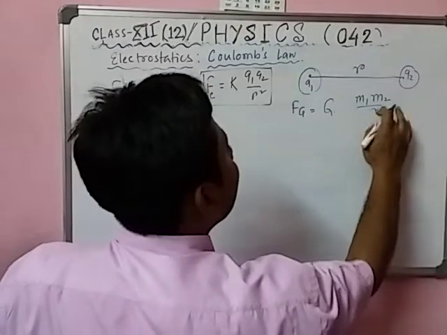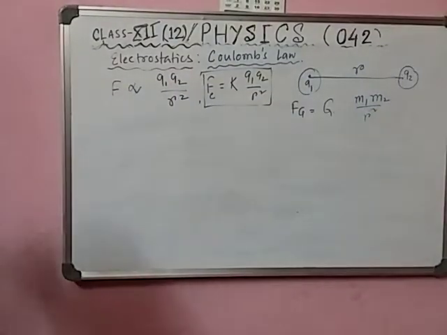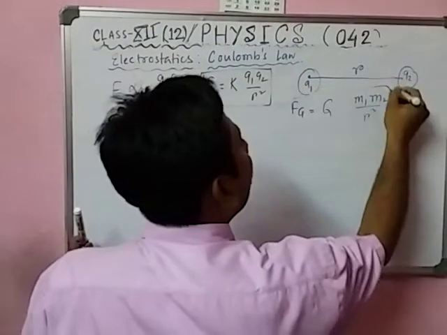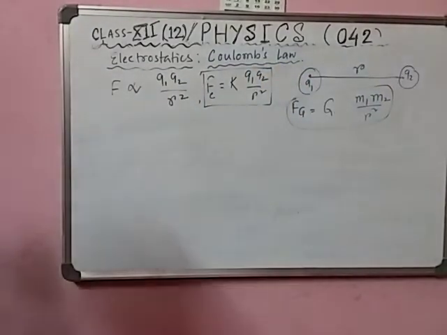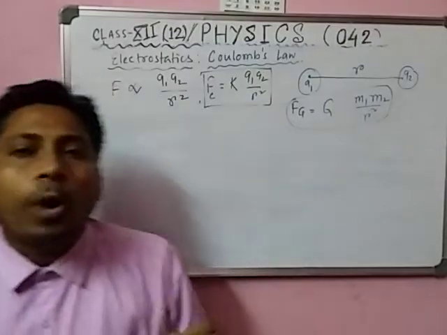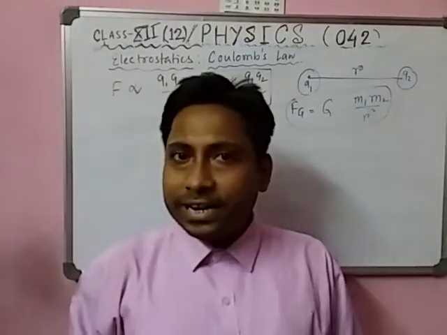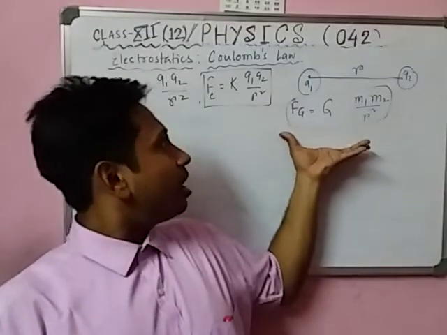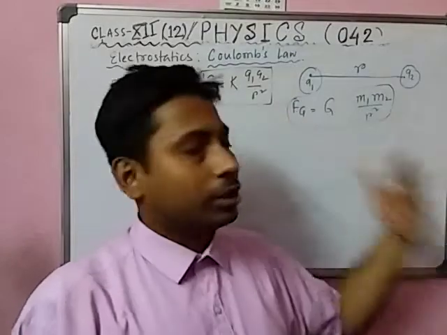Both Coulomb's law and Newton's gravitational force law are similar types of formula. So tell me, what are the similarities and dissimilarities between the gravitational law and Coulomb's law?